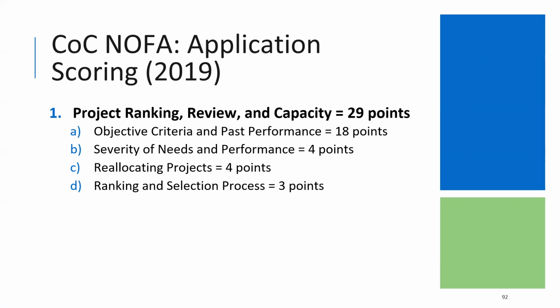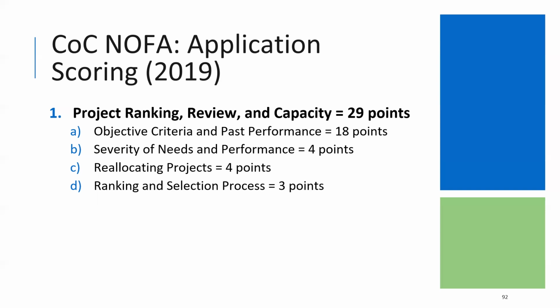So project ranking, review, and capacity. This looks at whether your CoC has an objective process for ranking your renewal projects. So are you using objective criteria? Are you looking at data around past performance? Are you looking at severity of need in terms of how you're calculating your scoring? Reallocating projects.